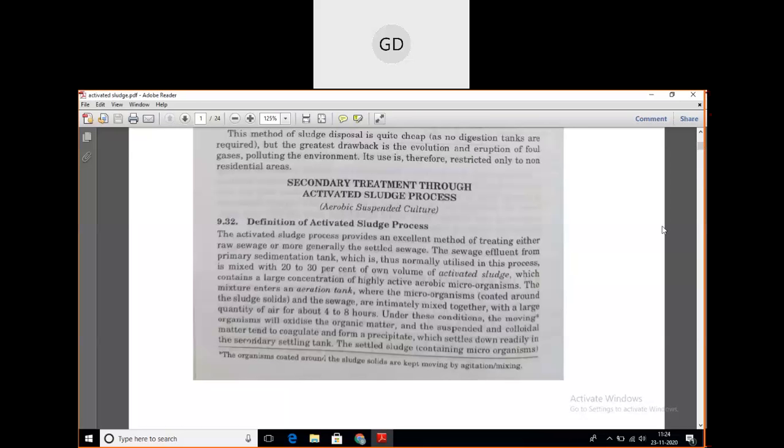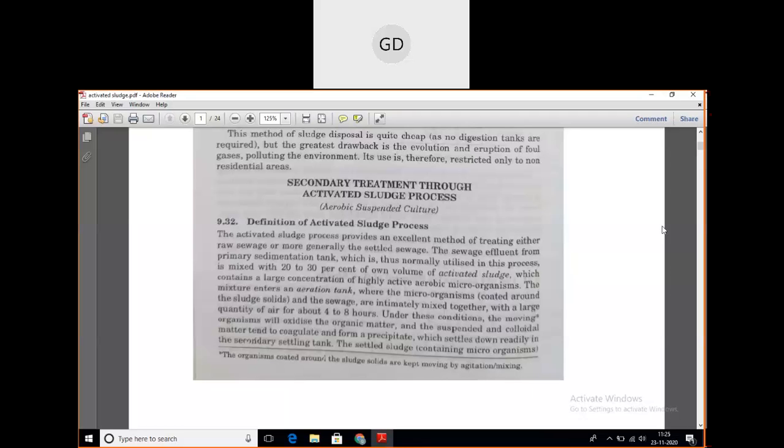After it is mixed with its own volume of activated sludge, it contains a very high concentration of active aerobic microorganisms.